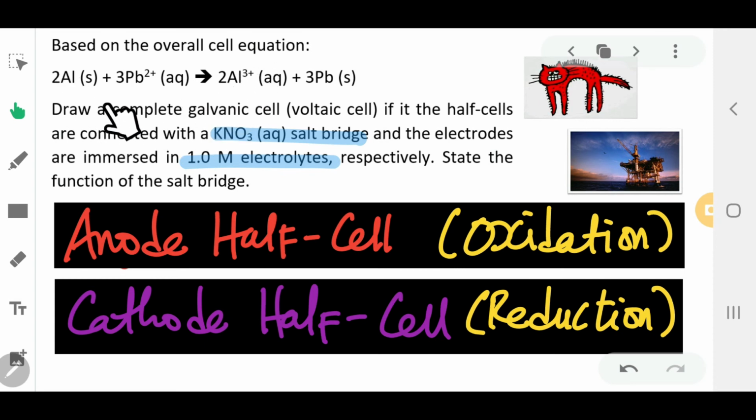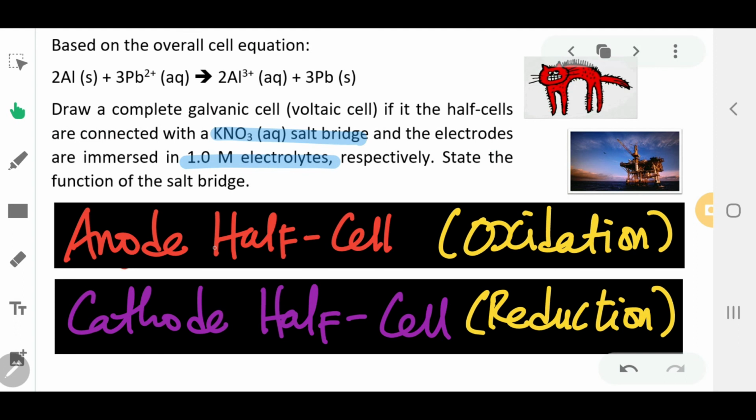So aluminium will be losing the electrons, and lead, Pb over here, will be gaining electrons. Look at the reactant side, your Pb2+. When the 2+ disappears to become Pb solid, your lead 2+ needs to receive 2 moles of electrons for the 3 moles of Pb right here. So the aluminium will be losing electrons. The lead, Pb, will be gaining electrons.